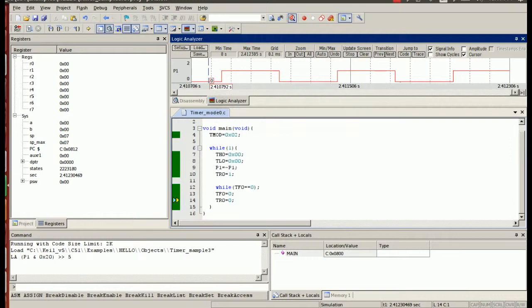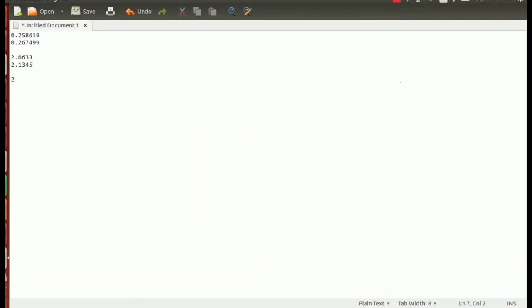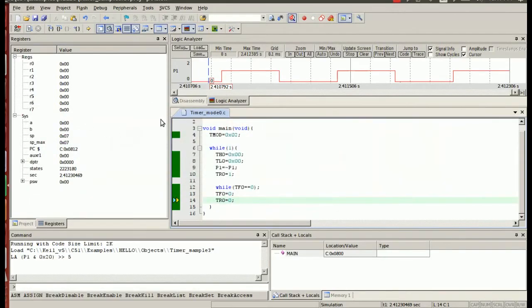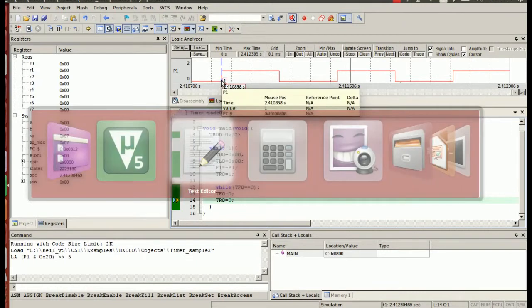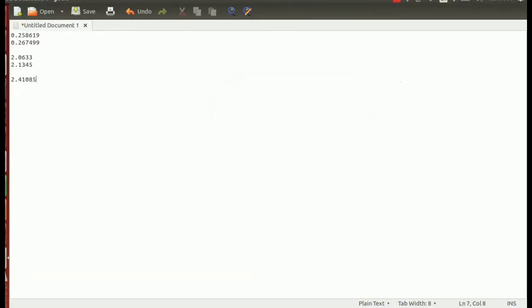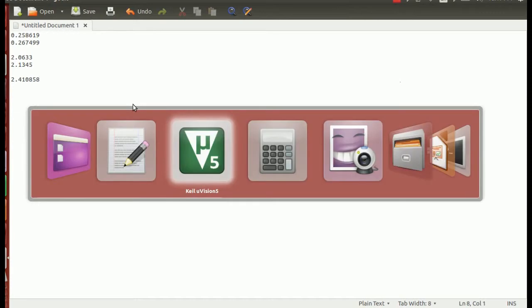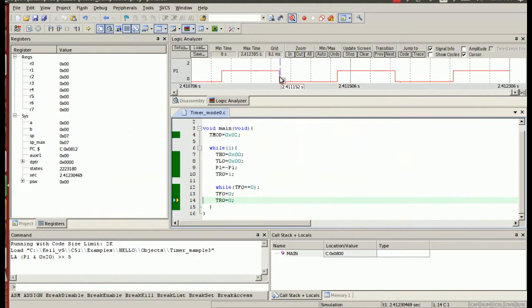2.410858. Okay, so that is when the transition happens from low to high.